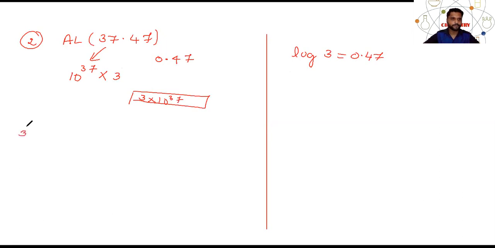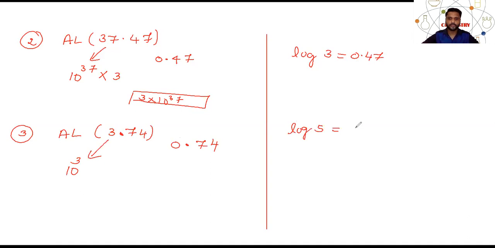Problem number 3. Calculate anti-log of 3.74. Before decimal point, 3 is there. So that becomes 10 to the power 3. Then we'll calculate log of which value becomes 0.74. So we'll recall log 5 is equal to 0.6990. Then we have got log 6 is equal to 0.7781. So we want now 0.74.